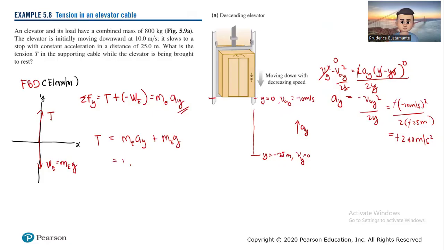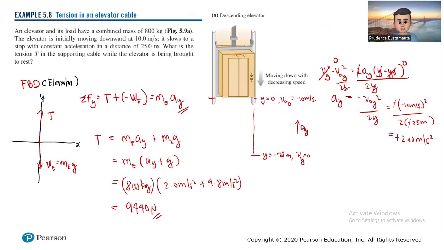We can factor out the mass, times a sub y plus g. We calculated a sub y already, and the elevator is 800 kilograms times 2.0 plus g, so this is equal to 9,440 Newtons.